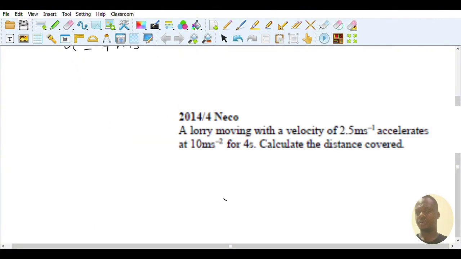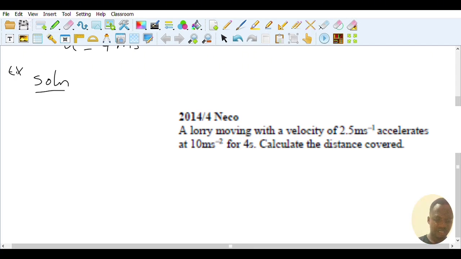A lorry moving with a velocity of 2.5 meters per second accelerates at 10 meters per second squared for 4 seconds. Calculate the distance covered. Okay, so let's look at that question now. All right, from the question we have a lorry with a velocity of 2.5 meters per second, then it accelerates.